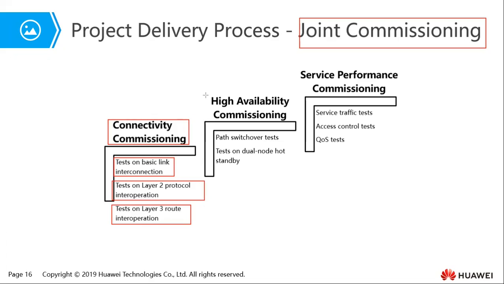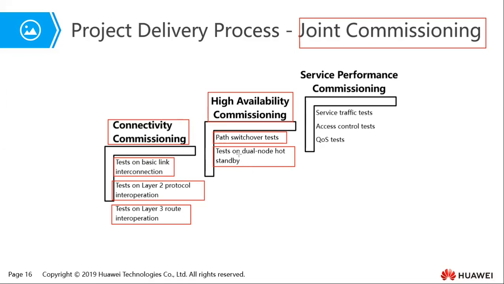So after doing connectivity commissioning, you also need to do high availability commissioning. So for example, if one path goes down, do we have switchover? You can do this by shutting down some interfaces and seeing whether traffic is rerouted via other paths. You also need to test what we call dual node hot standby.